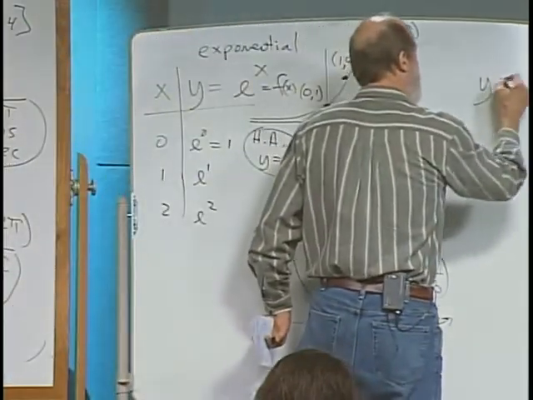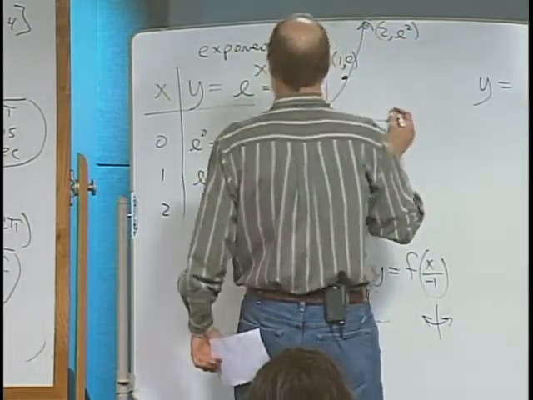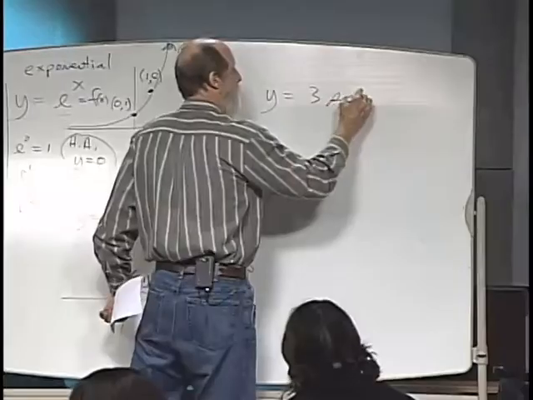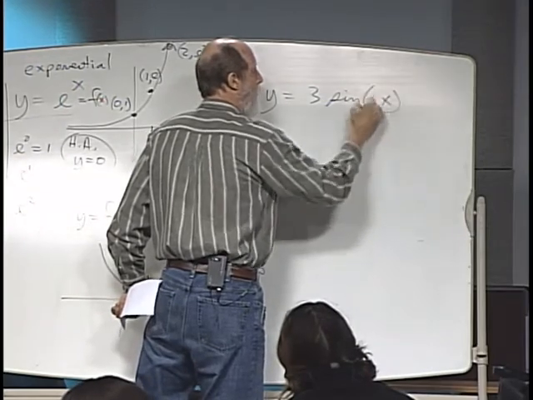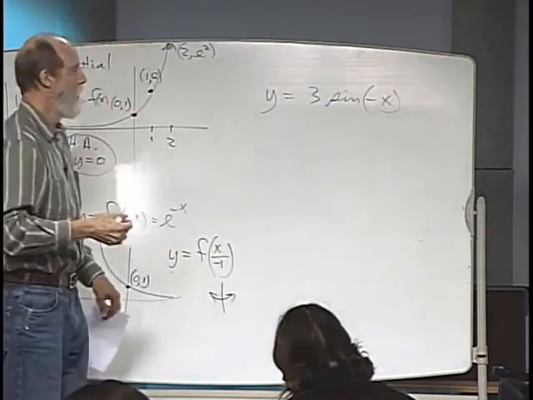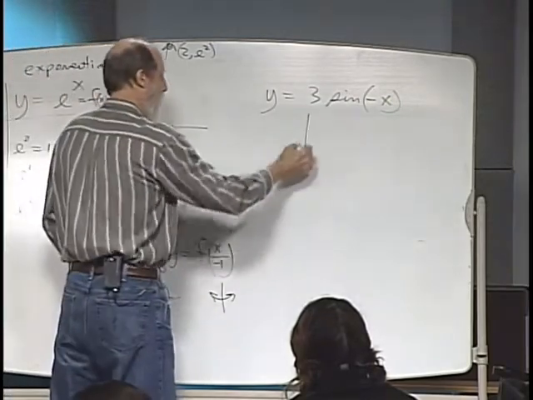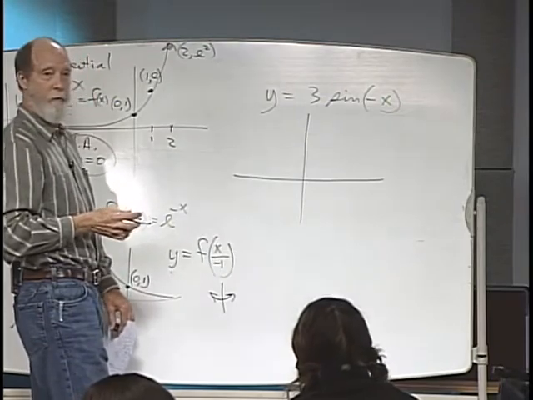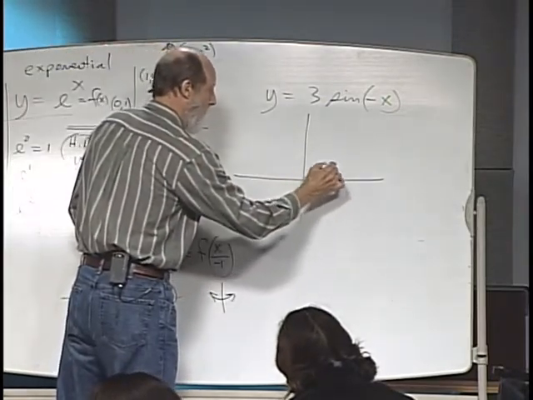Here's a new model, a new sinusoid model. We used a cosine previously. Let's use a sine. Let's do this. Quick sketch. Your normal sine wave you're used to seeing is this.